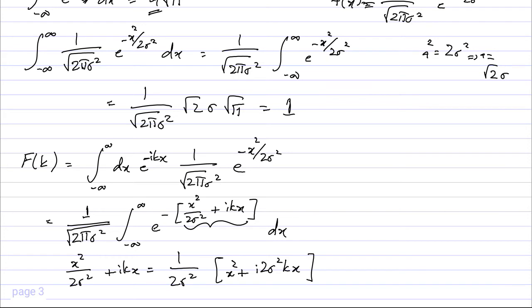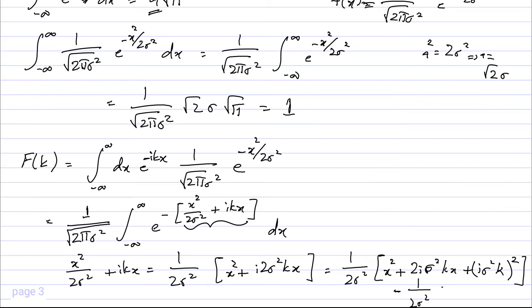This then is 1 over 2 sigma square times x square plus 2i sigma square kx plus half of this thing, so you get i sigma square k, whole square, and you then have to subtract, of course, 1 over 2 sigma square times i sigma square k whole square.